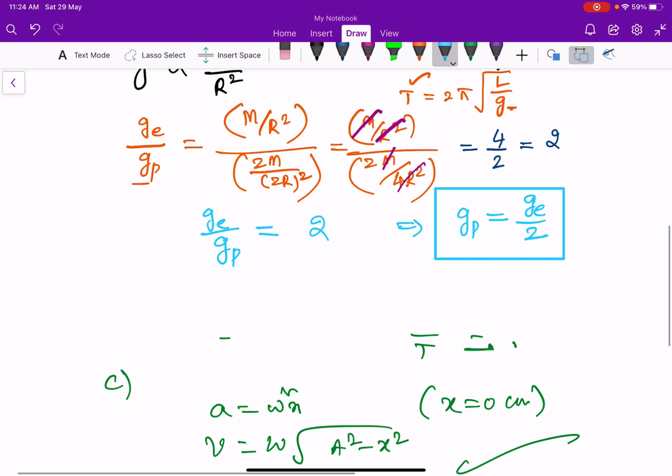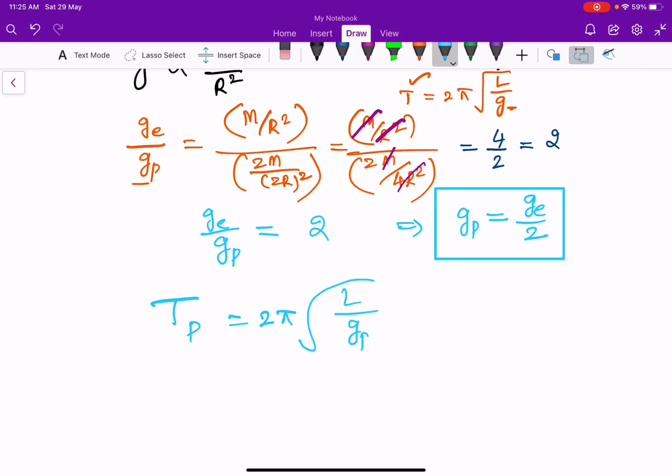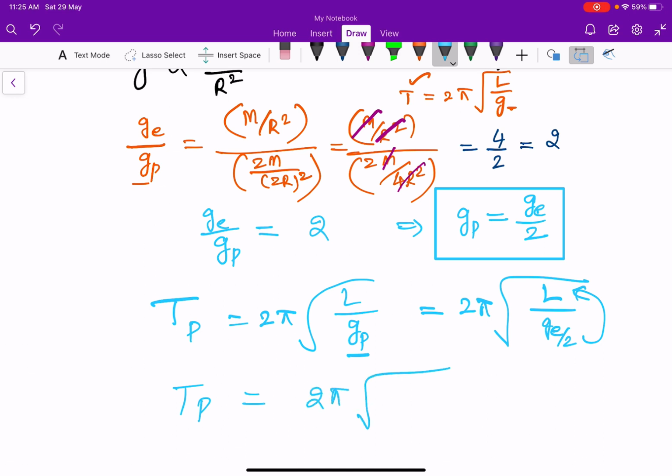We want to find out the time period on the unknown planet. Time period on planet equal to 2 pi under root of L by gp, which is 2 pi under root of L by ge divided by 2. When this 2 comes to the numerator, you will get Tp is equal to 2 pi root 2L by ge.